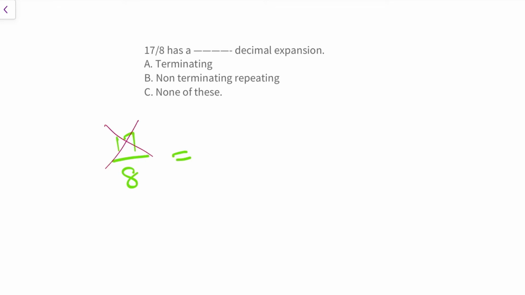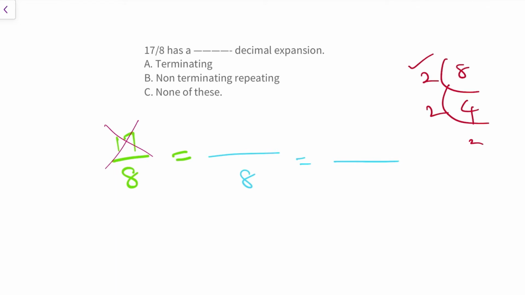Completely forget about the numerator. We don't have any work with the numerator. Simply take the denominator, 8, and do its prime factorization. 2 times 2 times 2, so 2 is there 3 times, and 8 can be written as 2 cube.